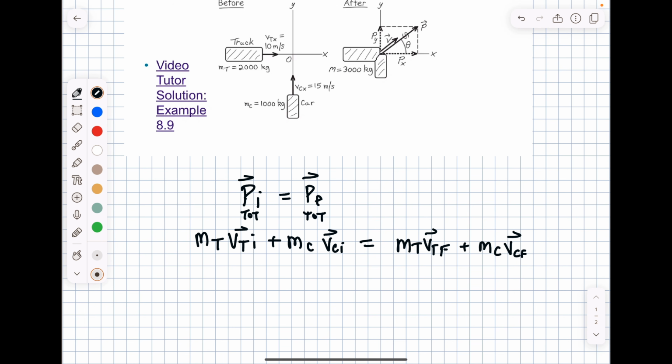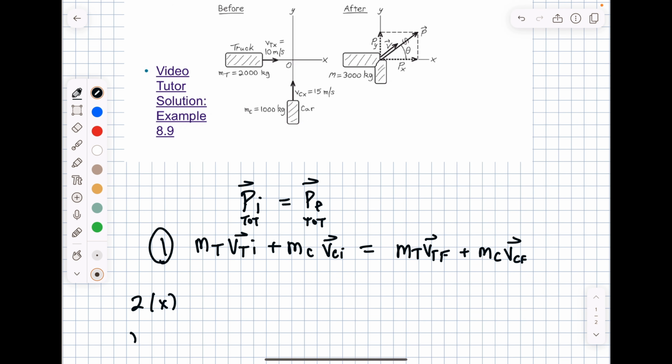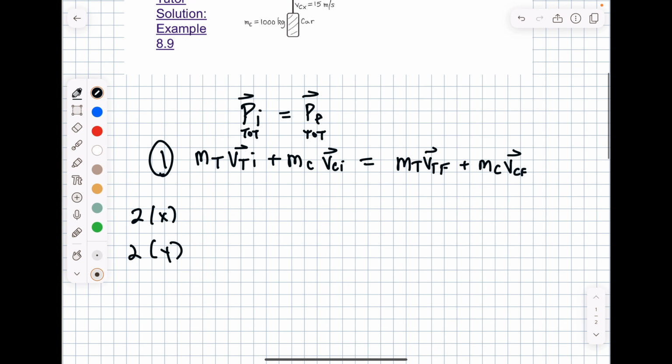So this is equation 1, which can be split into 2 more equations, right? An X statement and a Y statement. So now we can talk components, right? The velocity of the truck initially in the X direction. The initial velocity of the car in the X direction. Final velocity of the truck in the X direction.